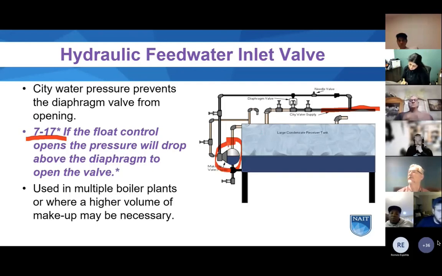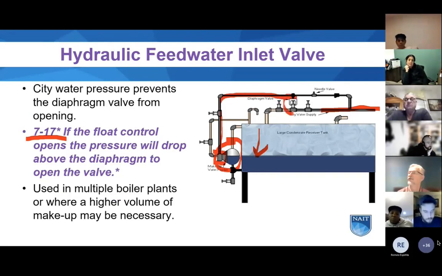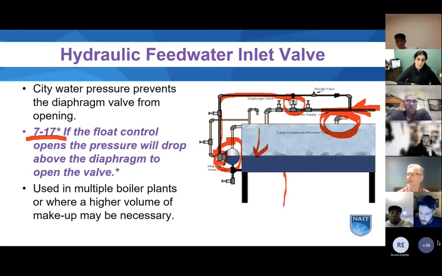And when this float, if this level drops too low, this float will open a line up to a hydraulic valve controlled by a diaphragm. So that will allow the city water to come in and make up for inadequate water supply here coming in. Okay, remember all these tanks have a pump.